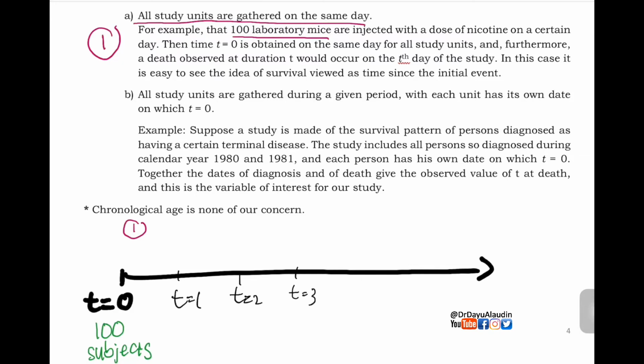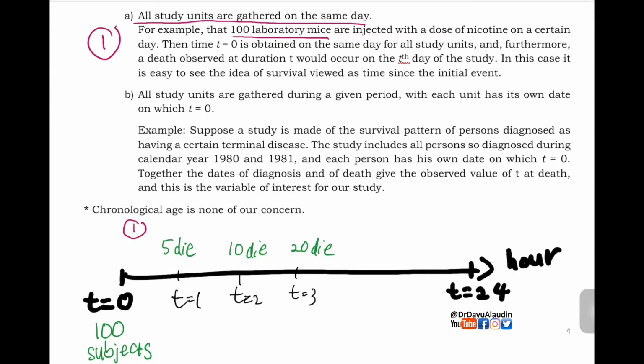For example, the first 5 mice die, and then at t equal to 2, another 10 mice die. At t equal to 3, 20 mice die. And the observation will end, let's say t is in hours, if the observation period is 1 day, until t equal to 24, for example.